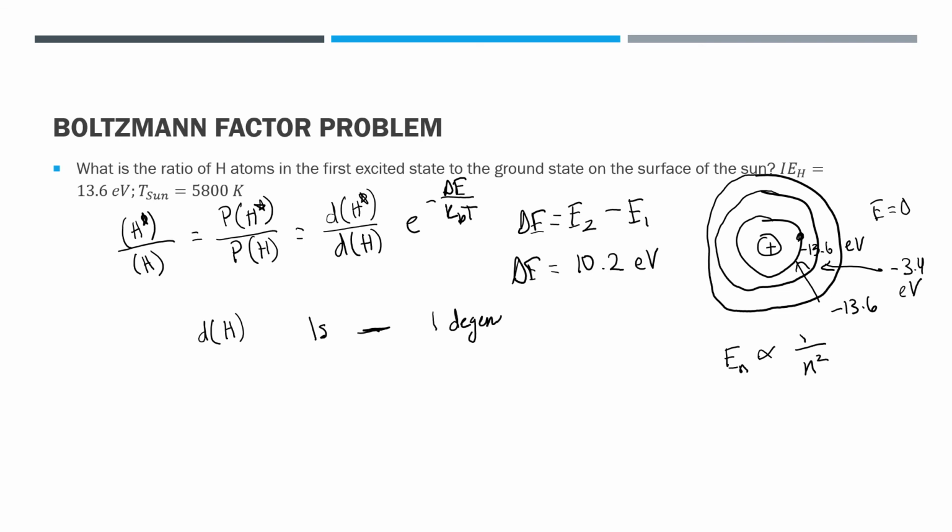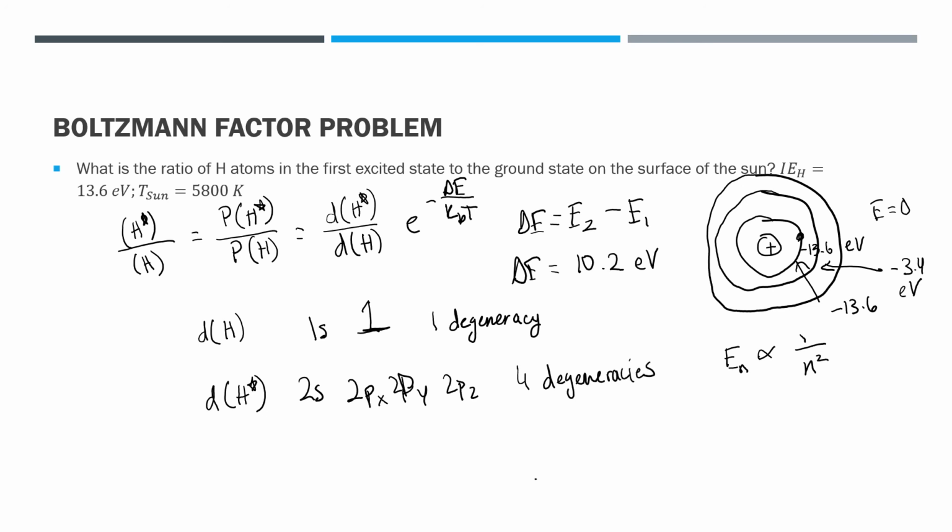Whereas with our n equals 2 state, our first excited state, we not only have the 2s orbital that the electron can occupy, but we have the 2px, 2py, and 2pz, all three of our 2p orbitals that have the same energy as our 2s orbital. So we have 4 degenerate orbitals, 4 orbitals with the same energy, so we have 4 degeneracies.